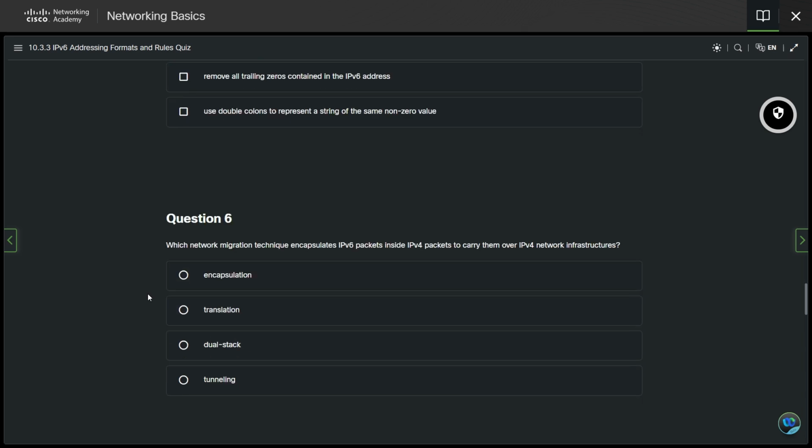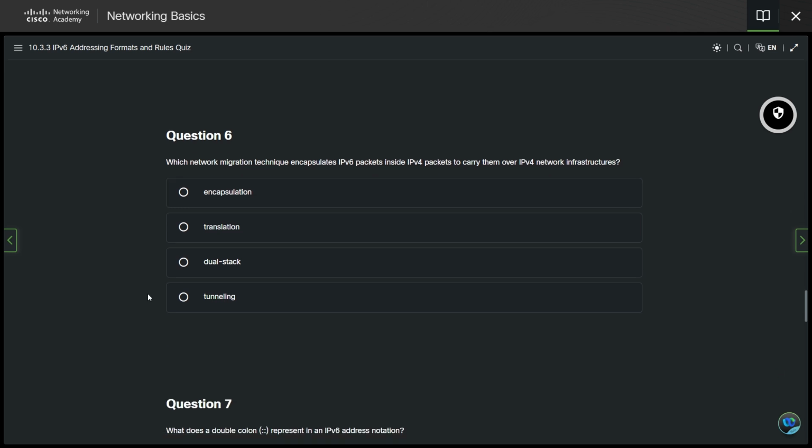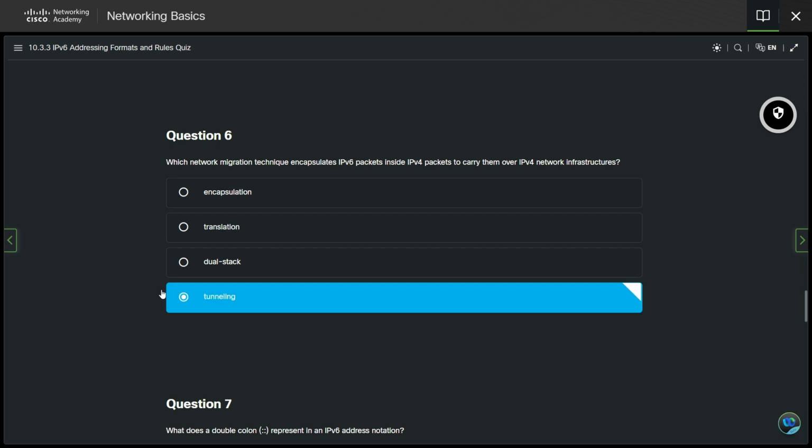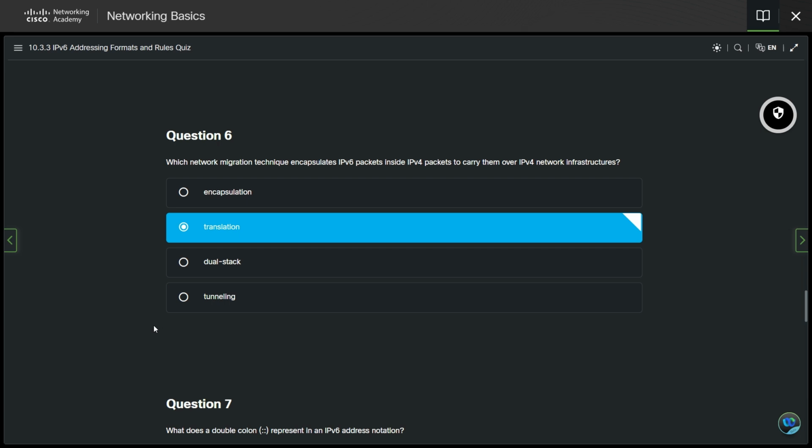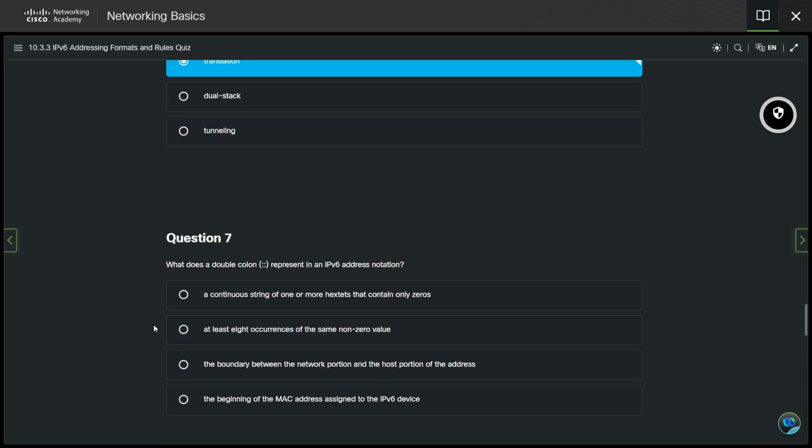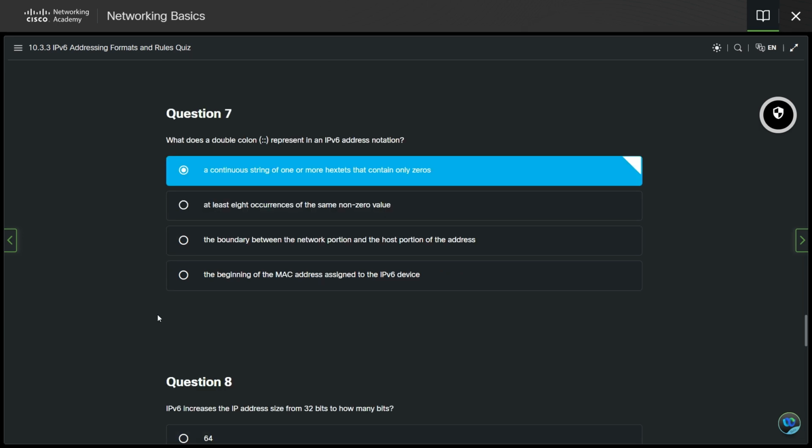Question 6. Which network migration technique encapsulates IPv6 packets inside IPv4 packets to carry them over IPv4 network infrastructure? That is tunneling, or translation, sorry. And question 7. What does a double colon represent in an IPv6 address notation? A continuous string of one or more hextets that contain only zeros.